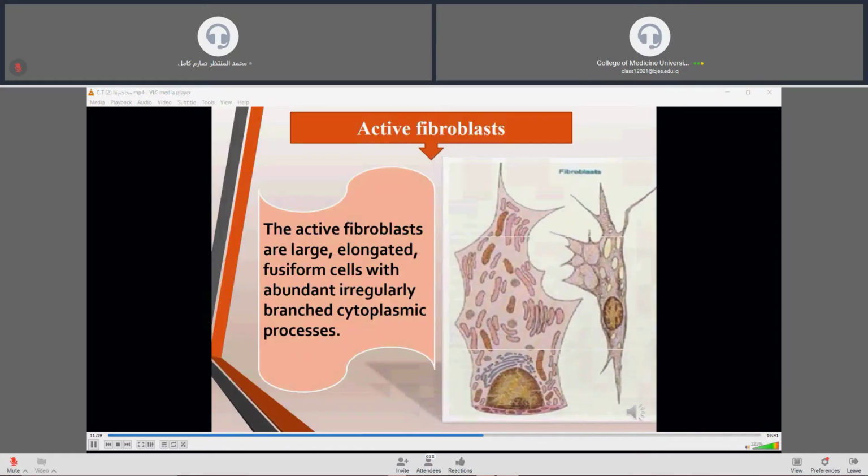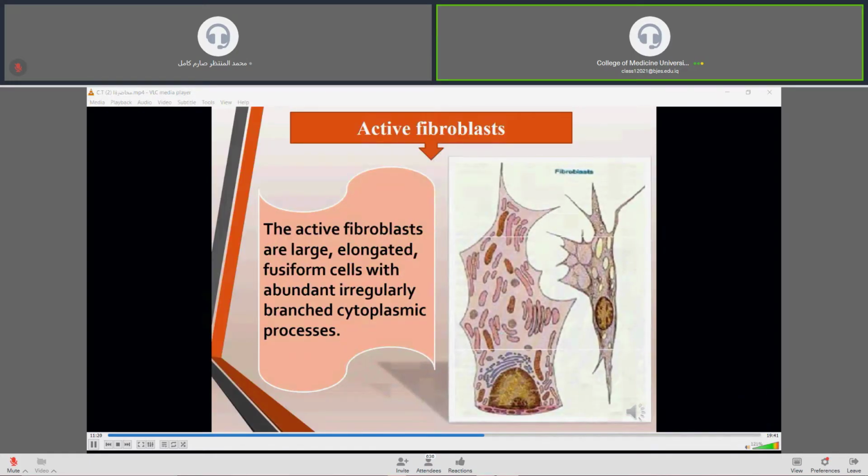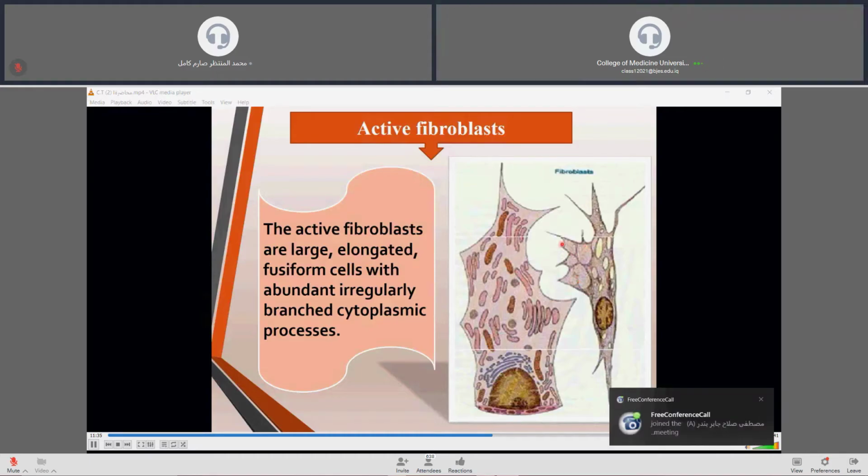The characteristic features of active fibroblasts are that they are large, elongated, fusiform in shape, with abundant, irregularly branched cytoplasmic processes, as we can see, irregular in distribution.